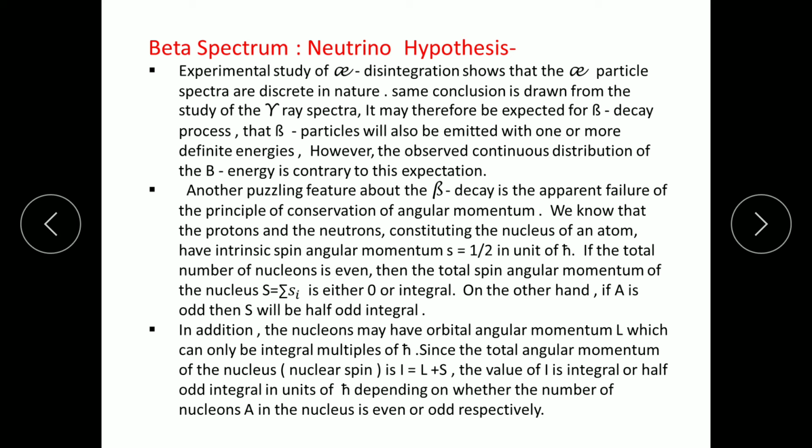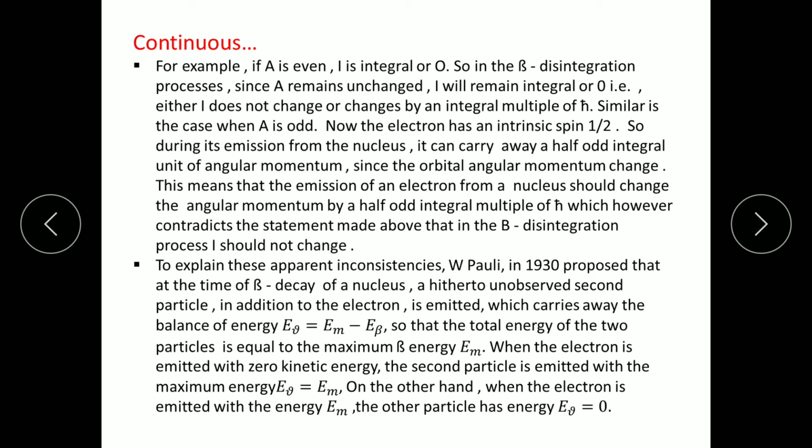Means the total nuclear spin just depends on whether the total mass number, or total number of nucleons in the nucleus, is even or odd. Now, for example, if A is even, I is integral or 0. In the beta disintegration process, A remains unchanged.